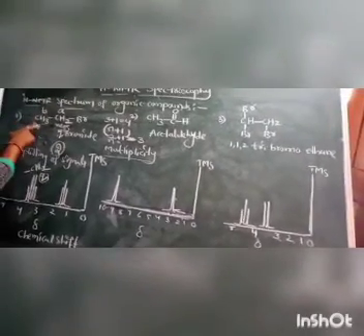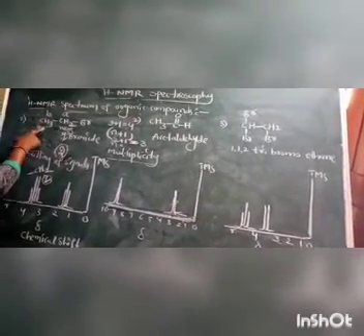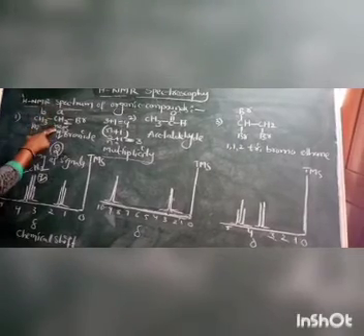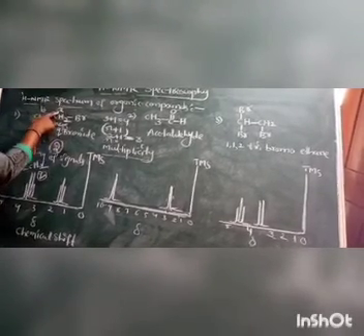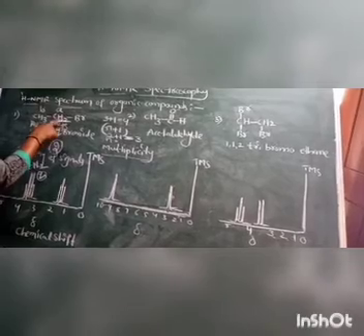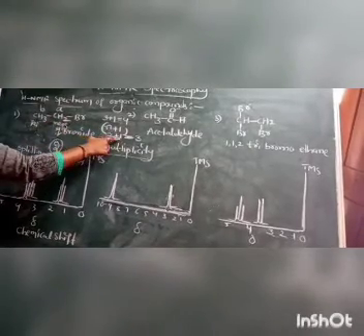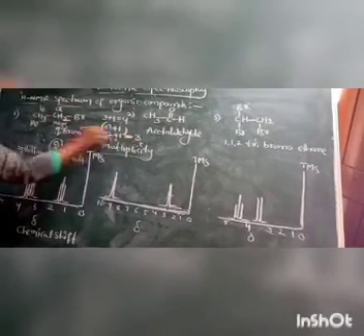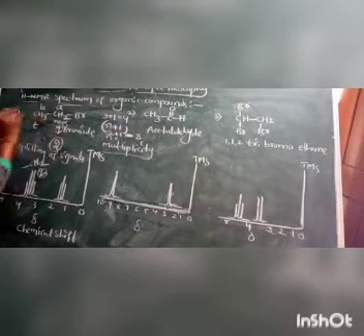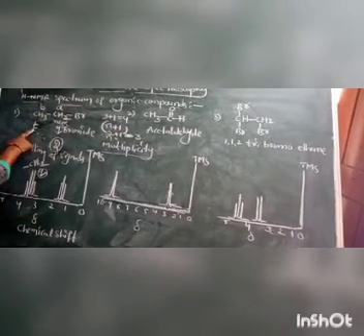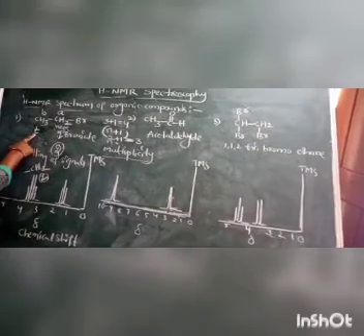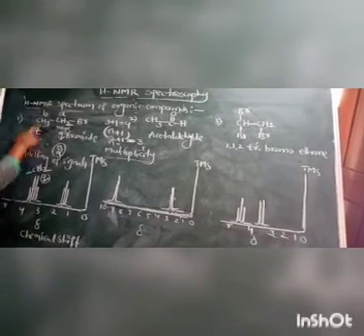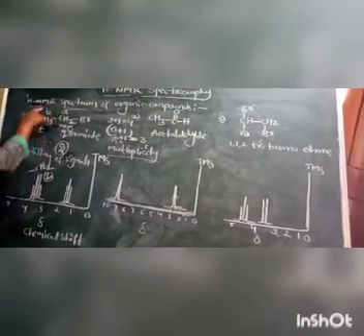So the multiplicity for B type of protons is given by the neighboring protons of A, and the number of neighboring protons is 2, and 2 plus 1 equals 3. So 3 means triplet. Triplet means 3 lines appear in the spectrum of B type of protons.